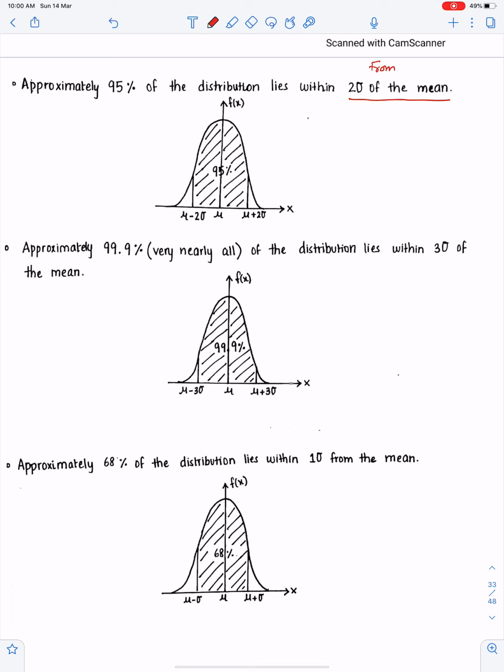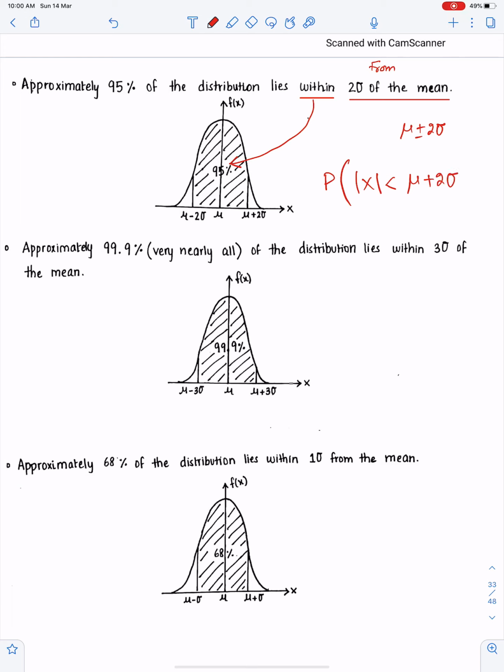This statement means mu plus minus 2 sigma, and within means this area. So in inequality terms, you should write this as modulus x minus mu less than 2 sigma.